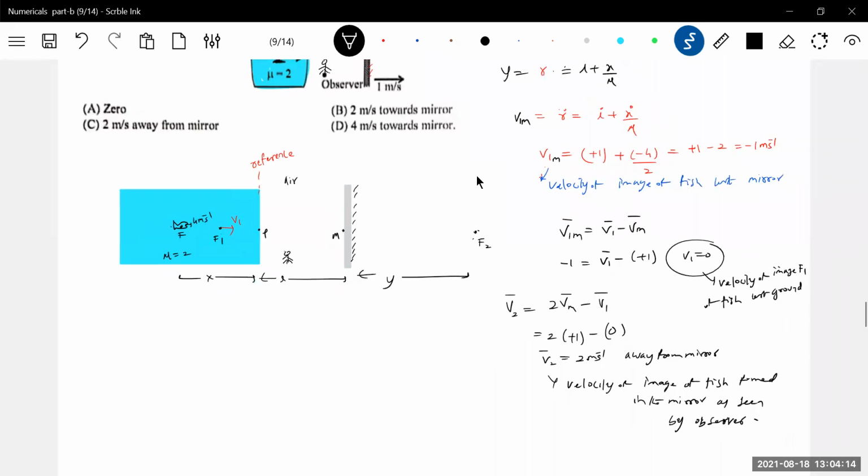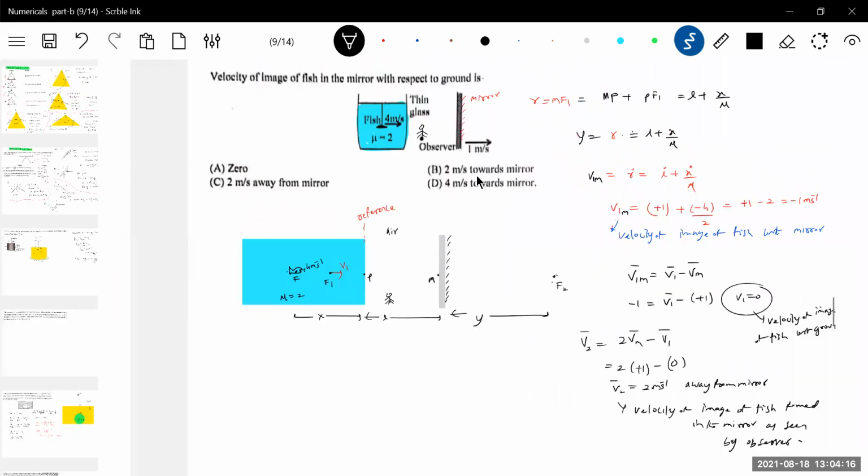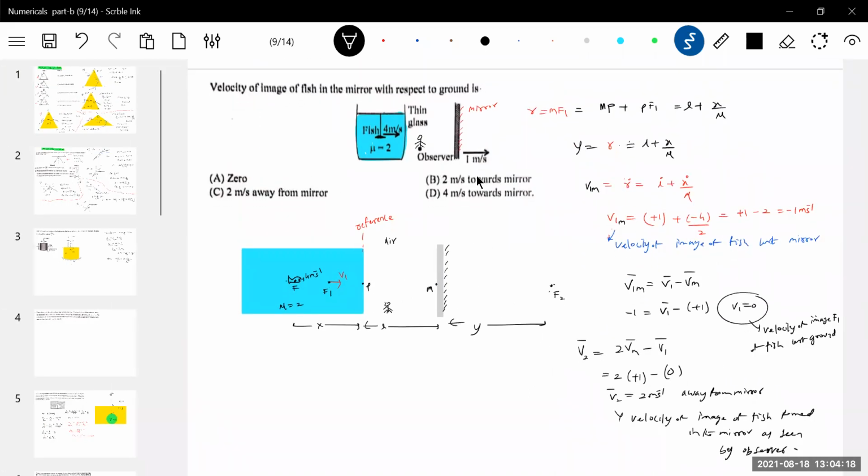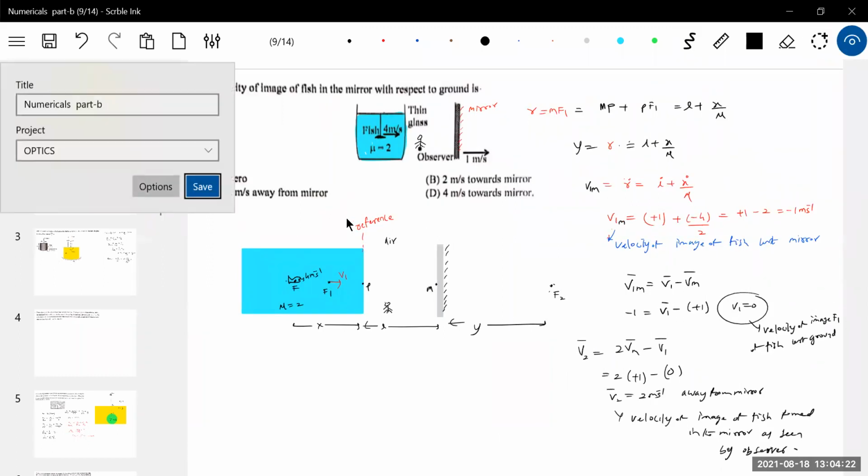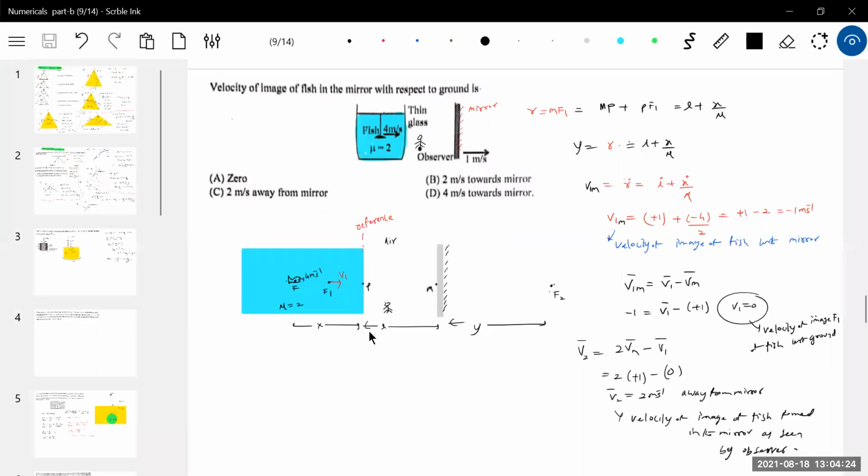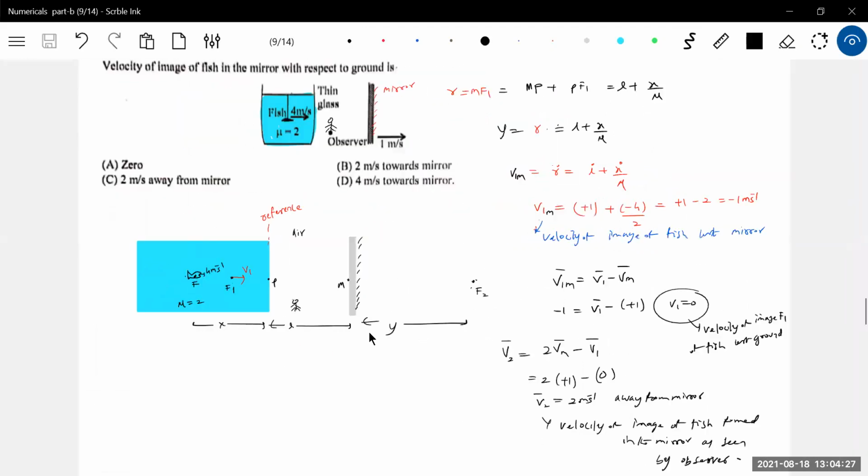I think we have to be a little extra alert, nothing else is there. Concept we know; how we can apply that in a systematic way, you have to stick to the conventions here.